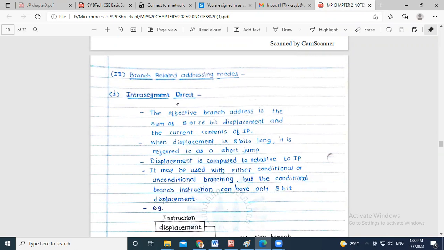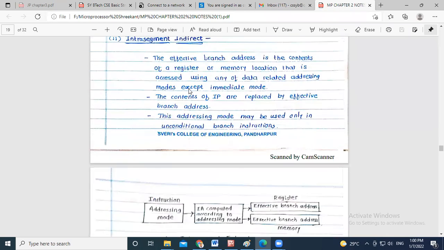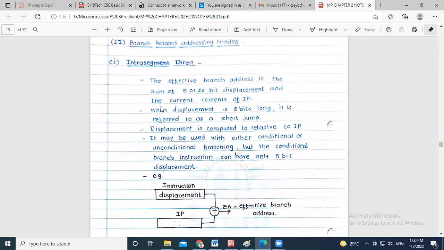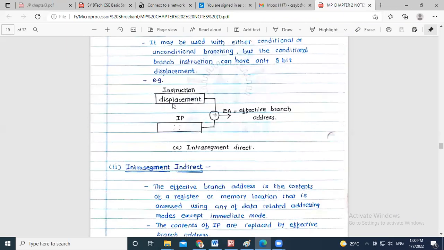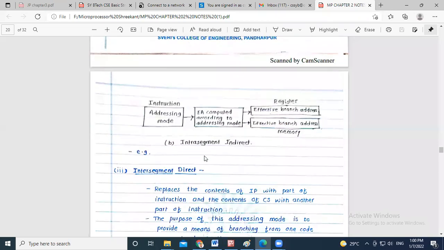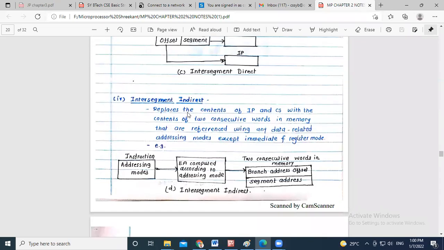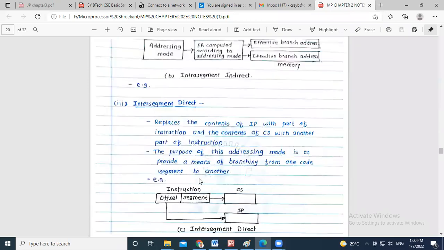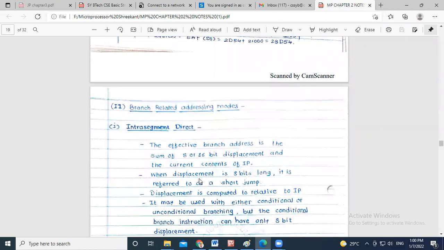Intra segment has direct and indirect, and inter segment has direct and indirect. So the main categories are two, intra segment and inter segment, and again in each there are direct and indirect subcategories. So totally 2 into 2 is 4 categories in the branch related addressing modes.